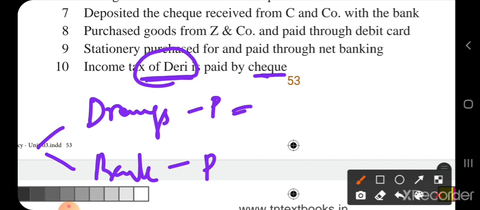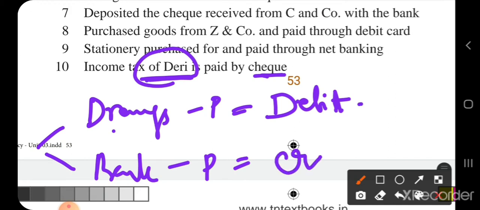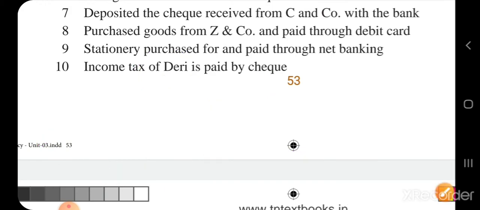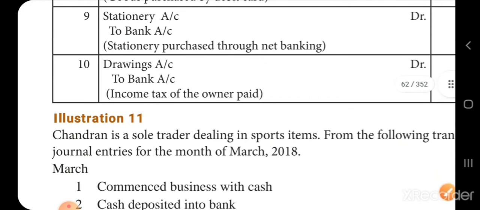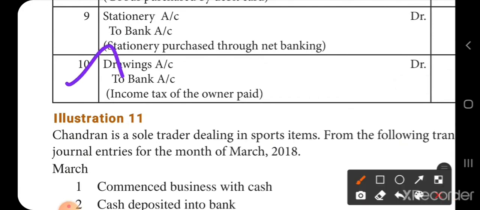Here drawings, you have to debit. Delhi's drawings account, debit. And bank is a personal account. Who is giving the payment? Bank. So credit the giver. So drawings account debtor to bank account.